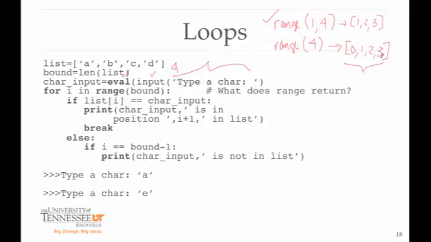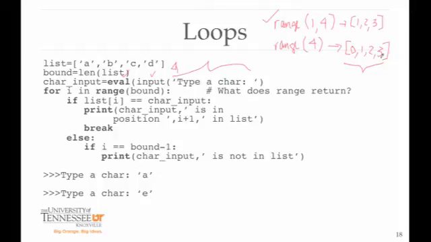And of course, what the if does, again, keep in mind all the code blocks are indicated by spacing. Python is actually forcing you to write some very nicely structured code. And what you've got here is testing, again, if list of I, which would start off with 0, if list of 0 is equal to the character input that was provided, then we're going to print it, and then we're going to print the position in the list.